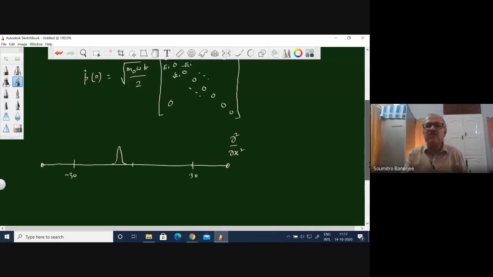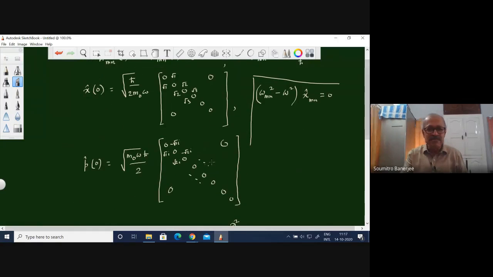And you can also do the same computation using these. Once you have these, you can construct the Hamiltonian operator, and the Hamiltonian operator's eigenvalues will be the energy values that you can observe, and so on and so forth.